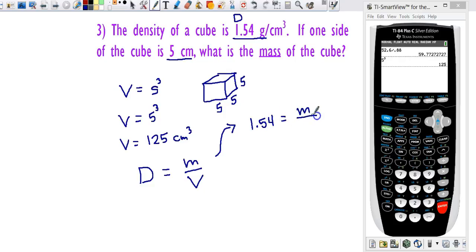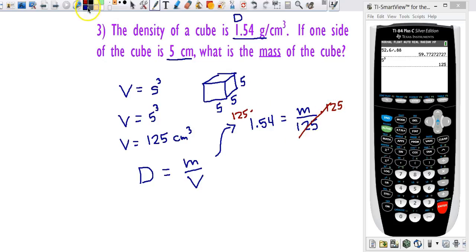I don't know the mass, but I do know the volume. And like the last problem, we do want to multiply by this number on the bottom to solve for the top part of that fraction, the numerator. So I'm going to multiply both sides by 125. Those will cancel those guys out.